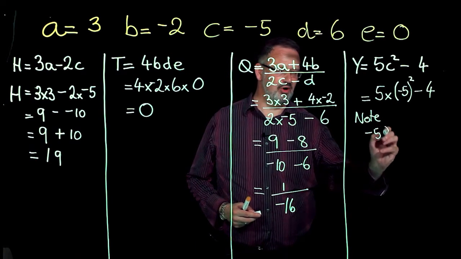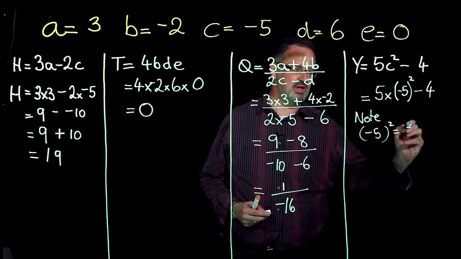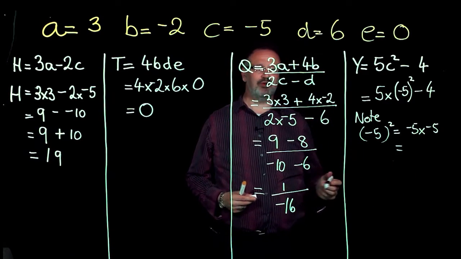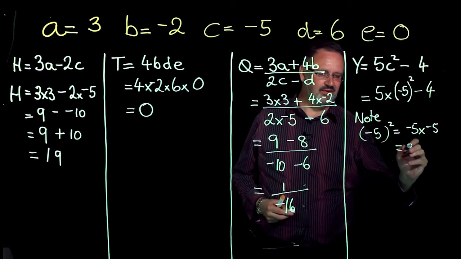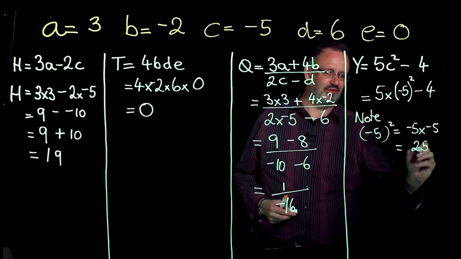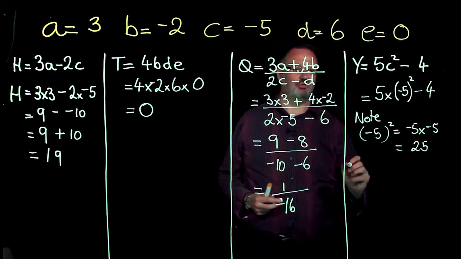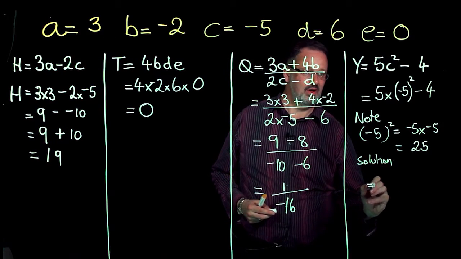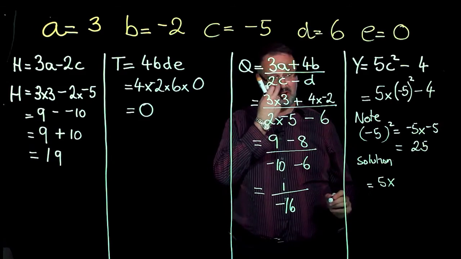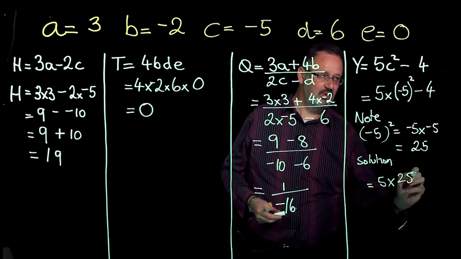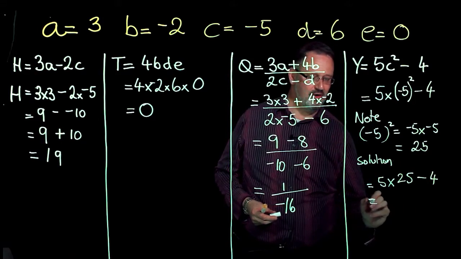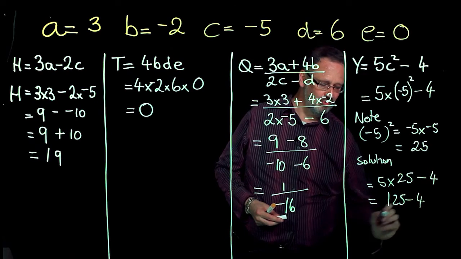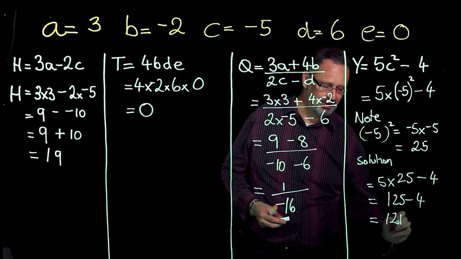Note, -5 squared, it means -5 times -5. 5 5s are 25, and 2 negative signs results in a positive quantity. So the solution is going to be equals 5 times -5 squared is 25 minus 4. 5 lots of 25 is 125. Take away 4, which is 121.